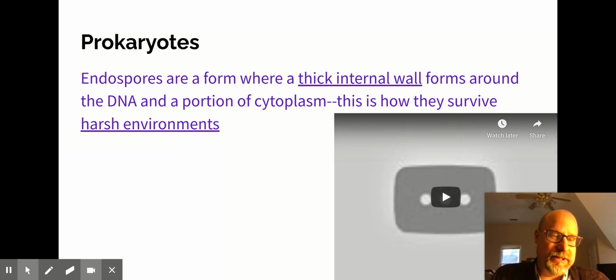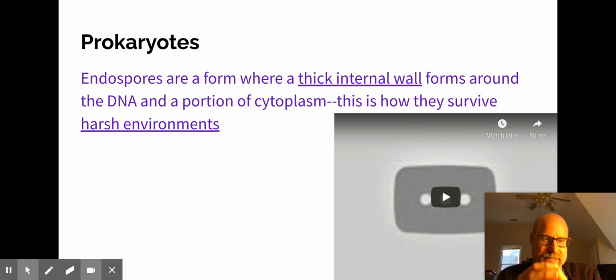One thing that bacteria can do, which is really weird, is that usually you've got to have a wet environment for bacteria to propagate and grow. But they can get in a situation where they will form an endospore. Basically, they divide and form this thick wall around the DNA and just enough cytoplasm to preserve it.